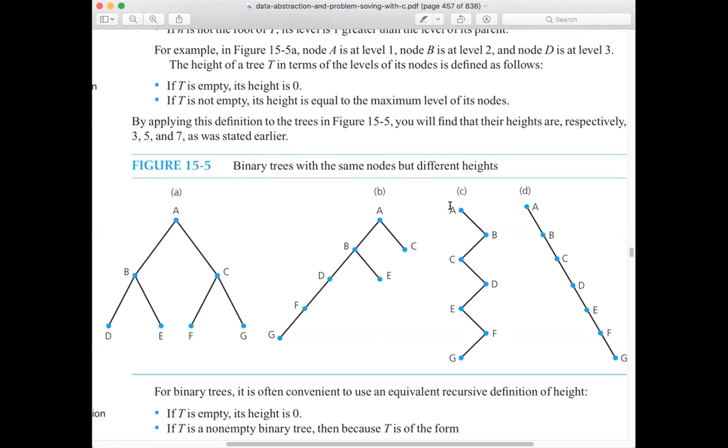A's left subtree has a height of 0. Feel free to stop me if that's not clear. I'm kind of assuming the reason no one answered is just because you're bashful or tired, one or the other. What is the height of A's right subtree? 1, 2, 3, 4, 5, 6, right? So obviously the heights of A's left subtree and right subtree differ by more than 1.